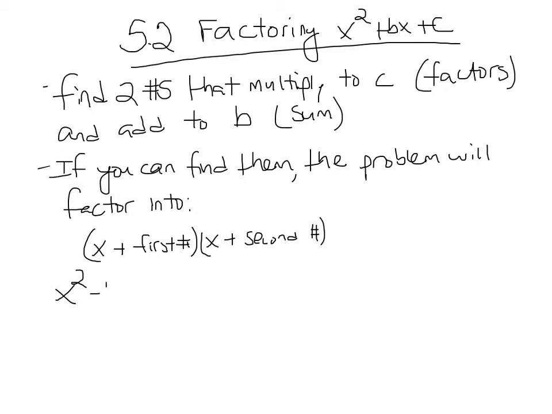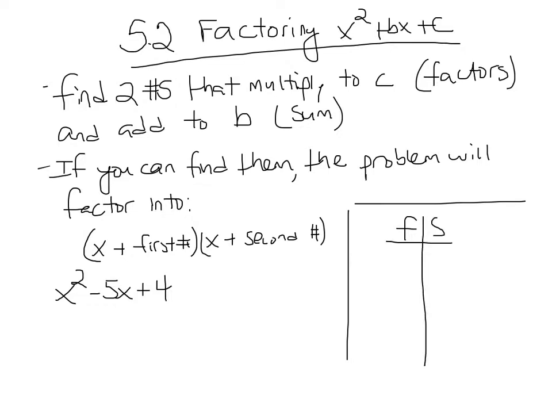Here's an example. x squared minus 5x plus 4. So what we do, we'll go over to the side here, and we make what we call an FS chart, where F stands for factors and S stands for sum.